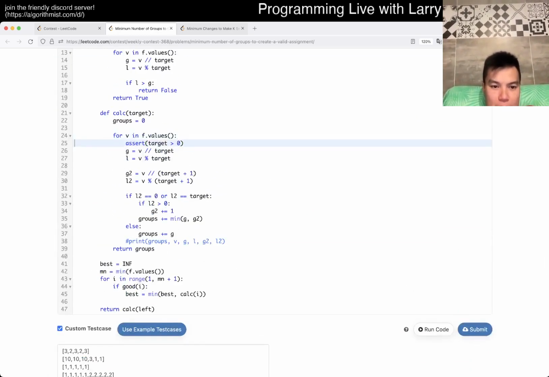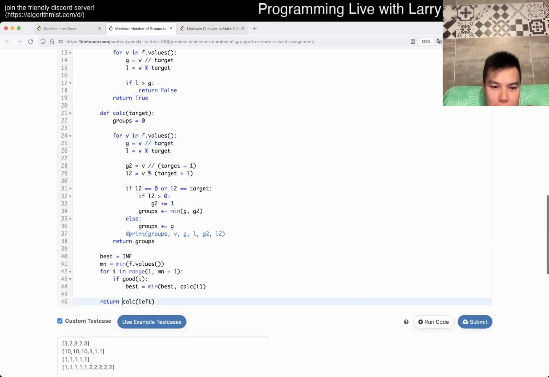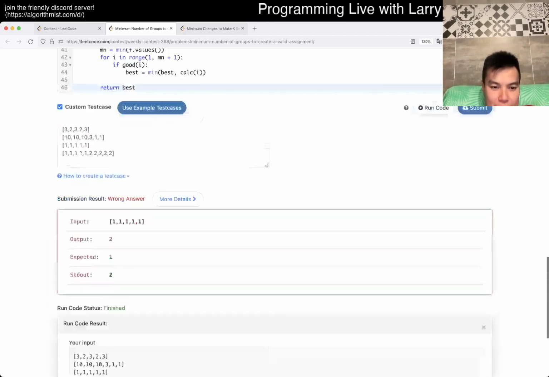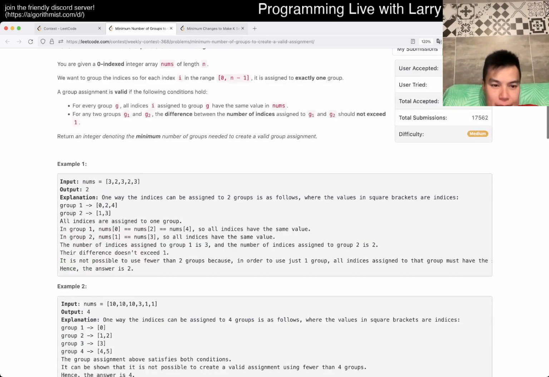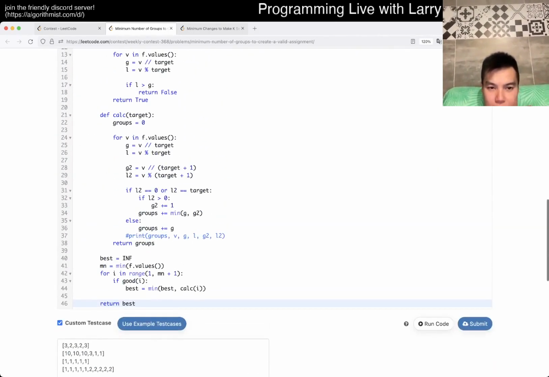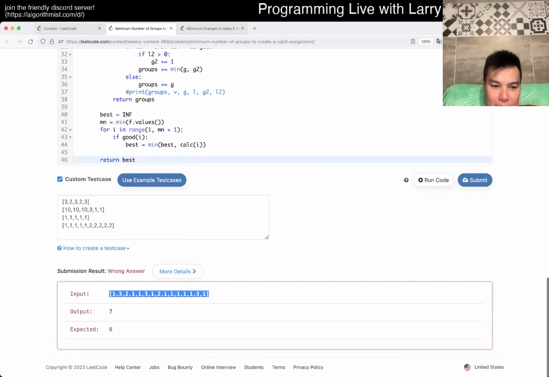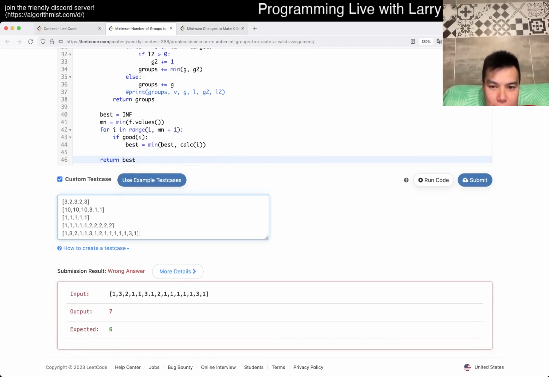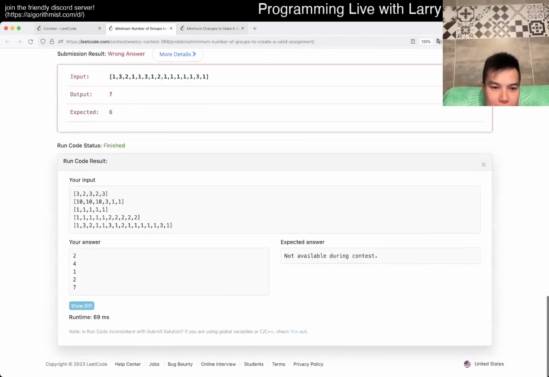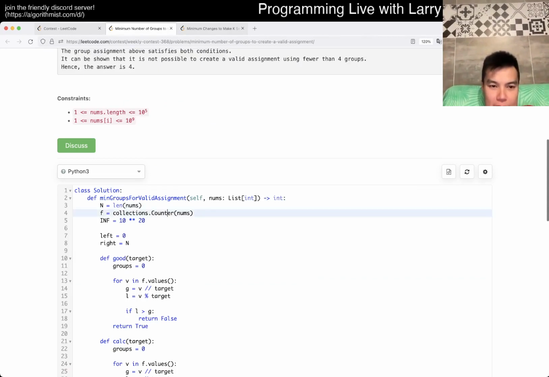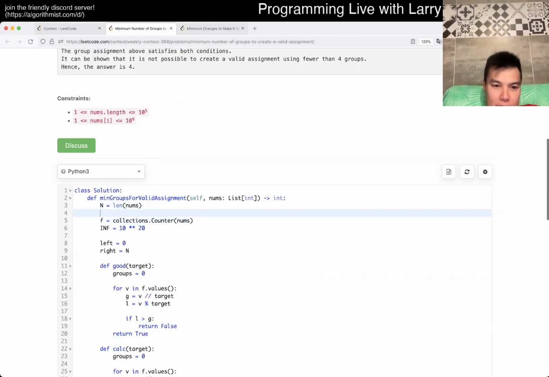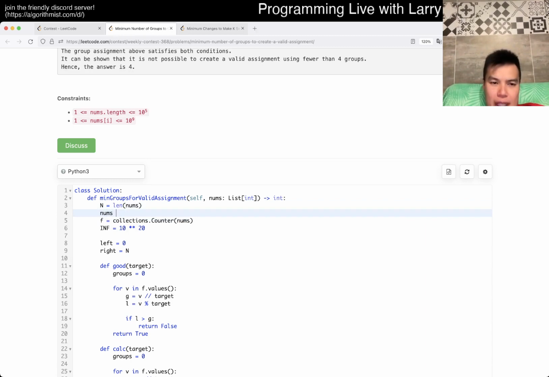Why? Tell me why? Oh, whoops, this thing. YOLO submit. Oh, I should have tested the big one first. Oh well. Well, this is not right anyway, but I wanted to see the speed, I guess.